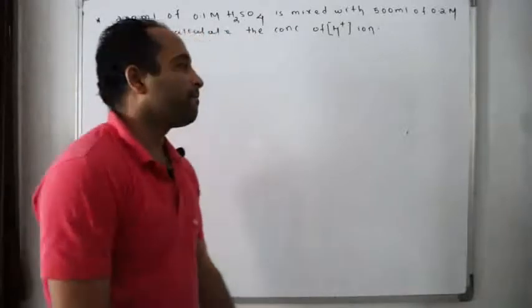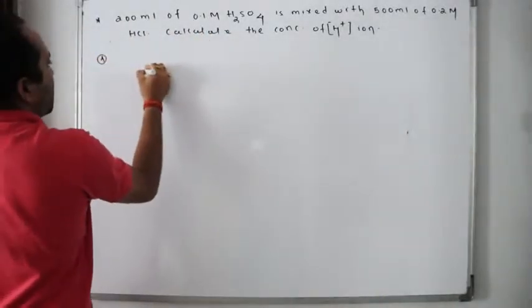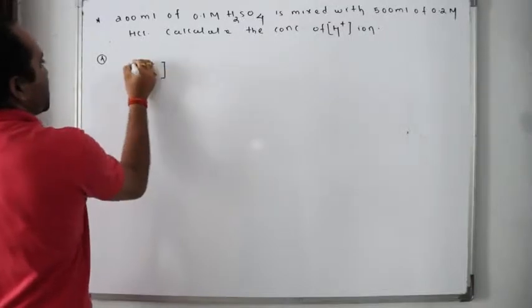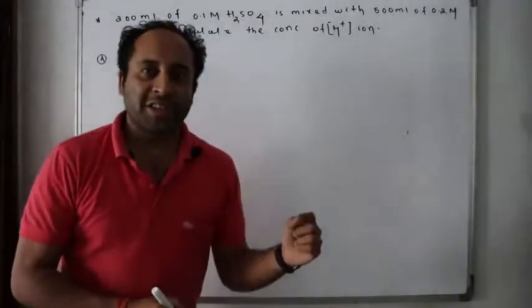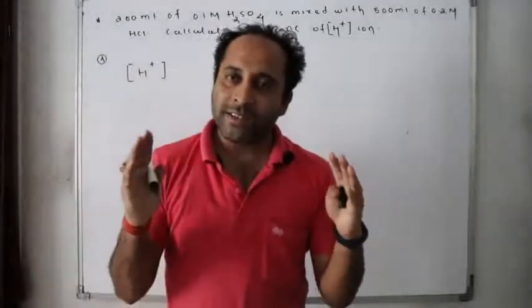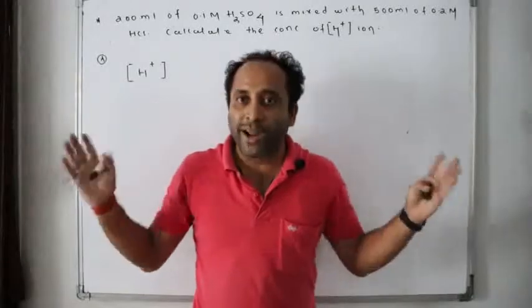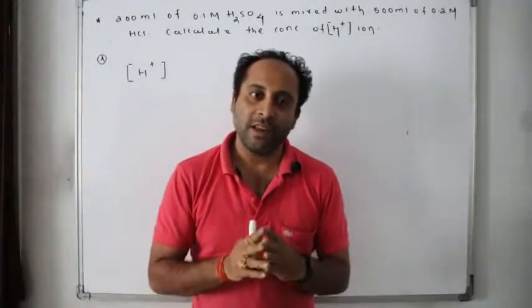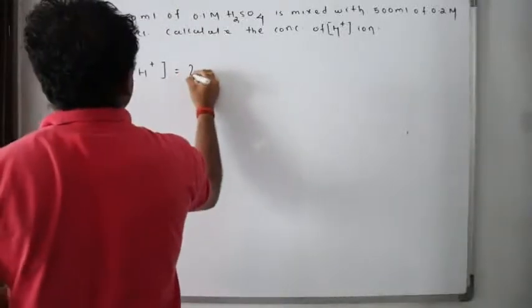How can I calculate? Now, H plus concentration. See, when I write something in a square bracket, it means molar concentration. Remember this now. For your class, anything written in a square bracket in this format is molar concentration. The question is to find the molar concentration of H plus.